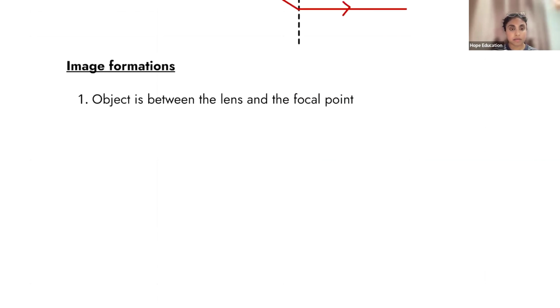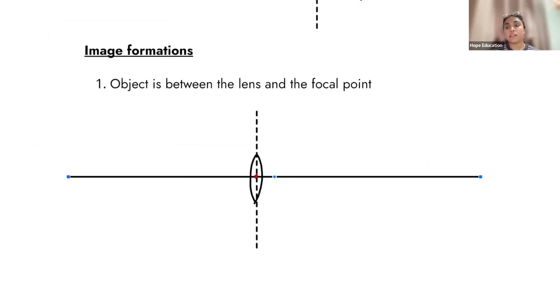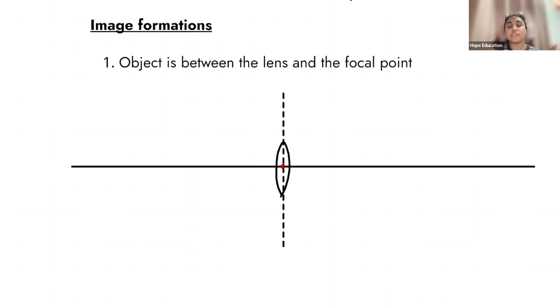I'll extend this principal axis a little on both sides so that we have more space to work with. And you all know, unlike a mirror, in a lens there are two focal points, one on each side. When drawing, you have to draw straight lines, so please use a ruler.